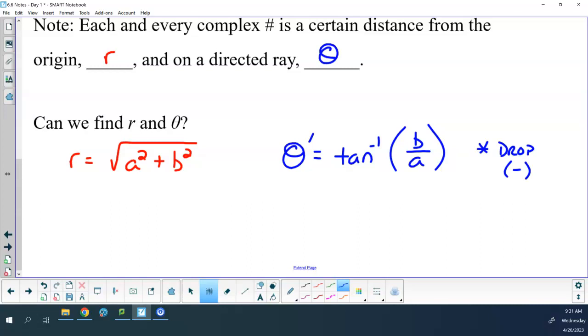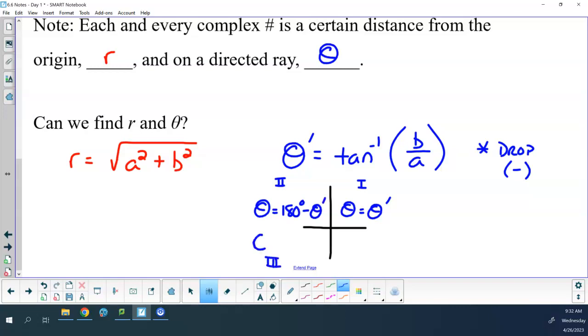That gives us our reference angle, and then depending upon where we're at, if we're in quadrant number 1, then theta is our reference angle. If we're in quadrant number 2, theta is 180 minus our reference angle. If we're in quadrant number 3, then theta is 180 plus our reference angle.